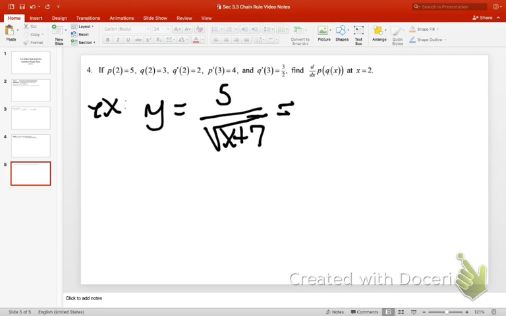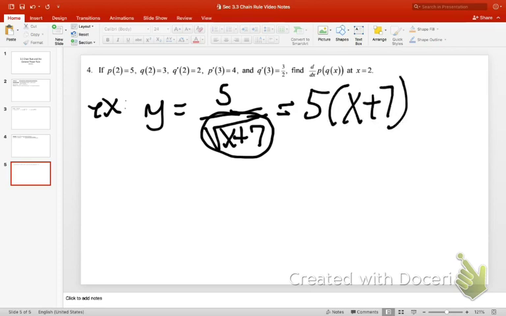So to get rid of the quotient, we want to move this from the denominator to the numerator. So this would be 5 times x plus 7 to the negative 1/2.